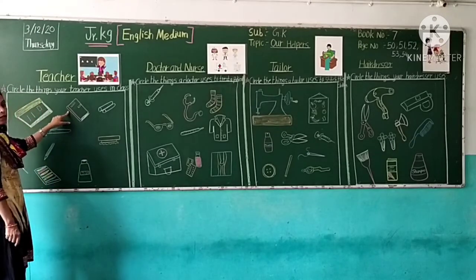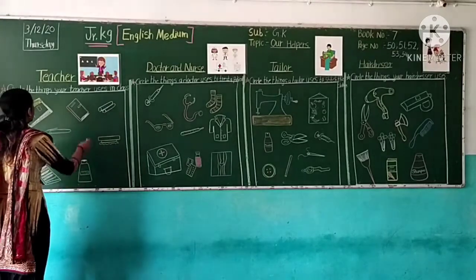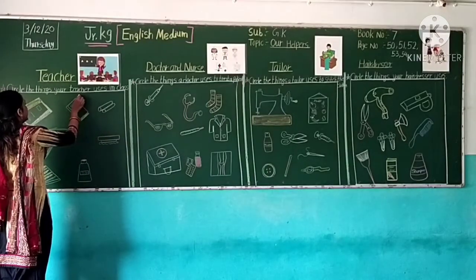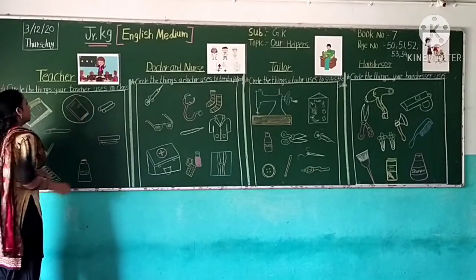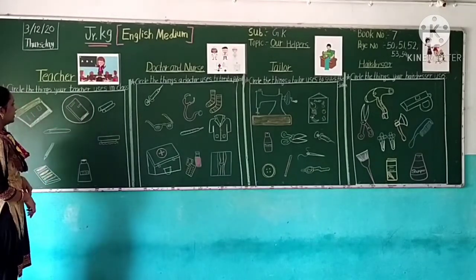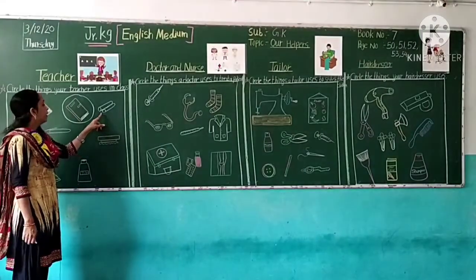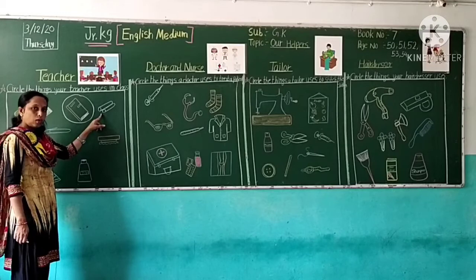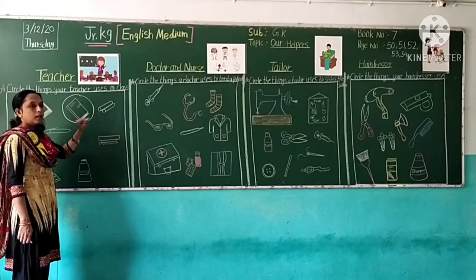Yes, book. So, circle the things your teacher uses in class. Circle this book. Now next, look here. Which picture is this? Chalk. These things are used by the teacher in class.